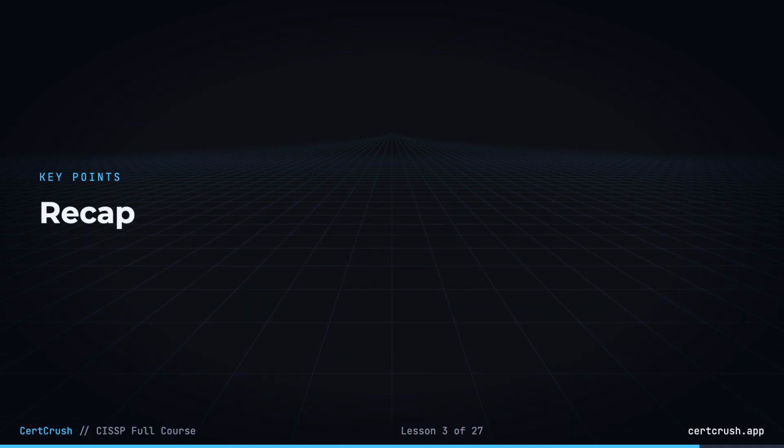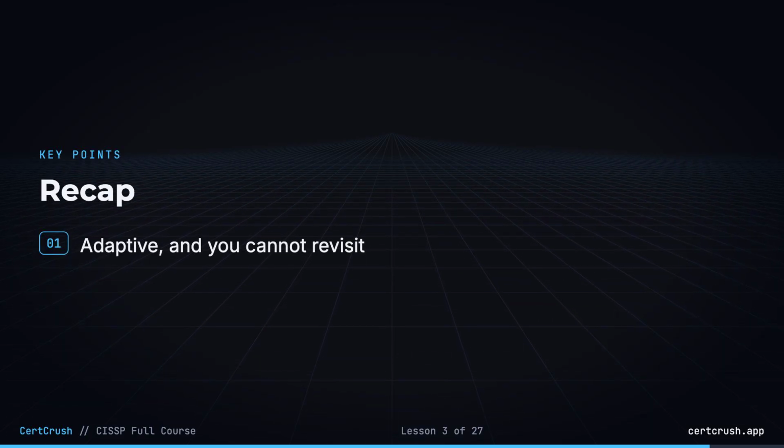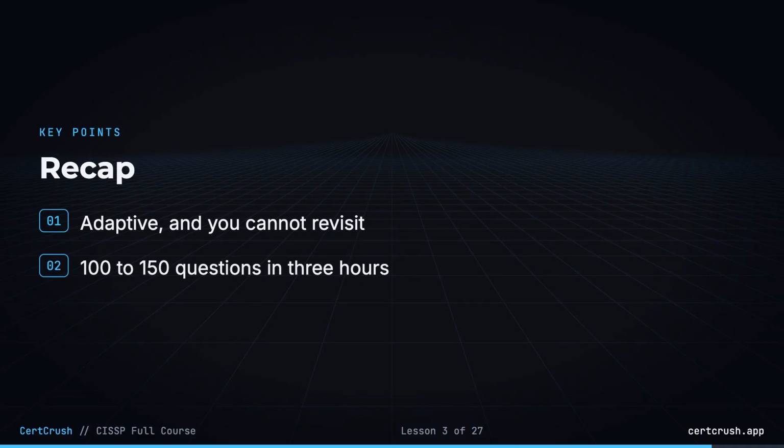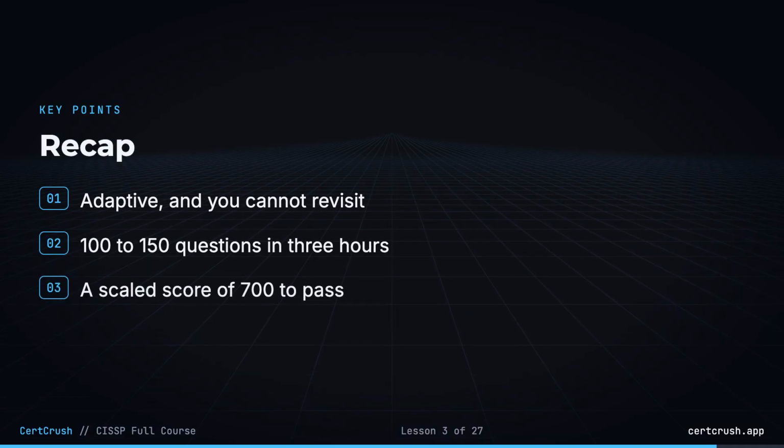Let's review what we covered in this lesson. The CISSP is a computerized adaptive test for all languages as of the 15th of April, 2024. It adapts difficulty to you, and you cannot skip, flag, or revisit any question. You'll answer between 100 and 150 questions in up to 3 hours, and you need a scaled score of 700 out of 1000, with the scaling fairly accounting for question difficulty.